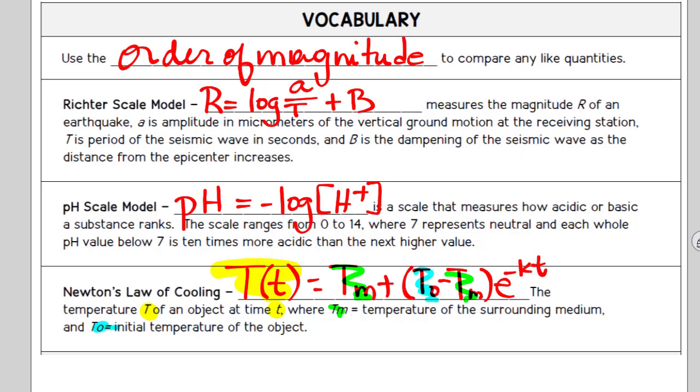This t in our exponent is our time. What's really important is that you understand what these different variables represent. I won't be asking you to memorize these formulas, but you will need to know what the different values mean so that when you see the word problem, you'll know what to plug in where.